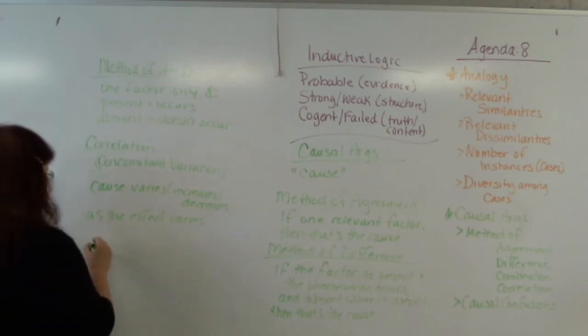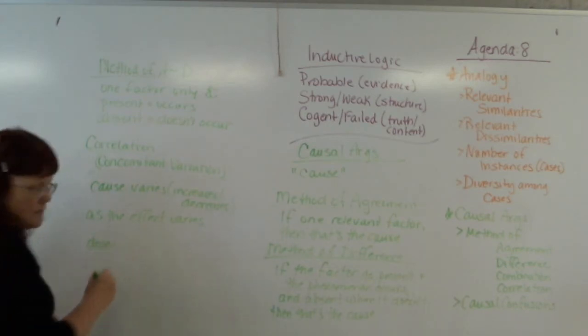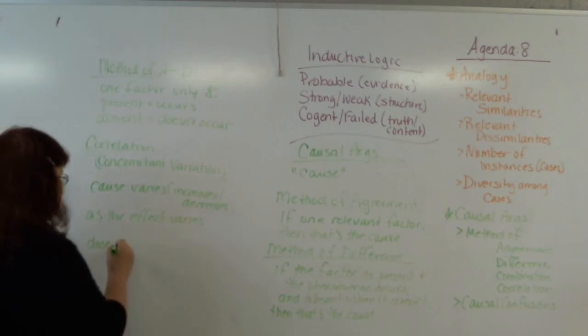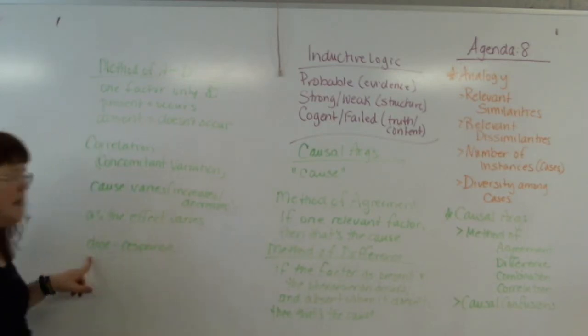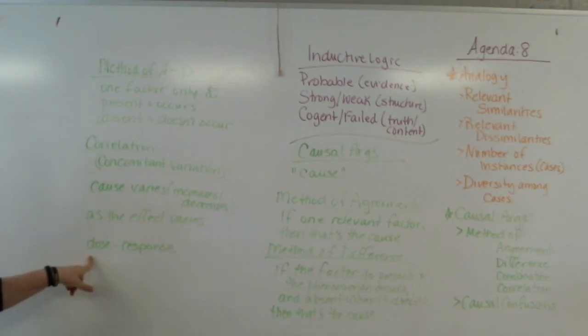In medicine, we call this the dose response. Think anesthesia. The more anesthesia you're given, the longer you stay asleep. Or the more cigarettes you smoke over a longer period of time, the greater your chances of cancer, emphysema, those kinds of things.